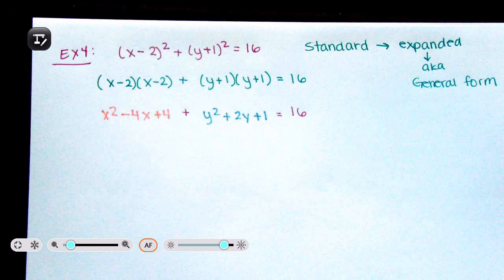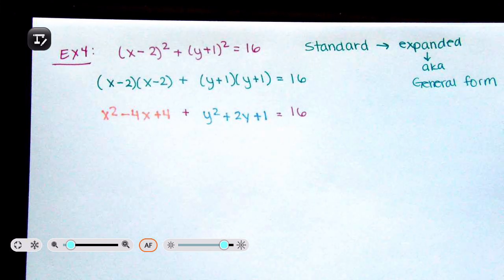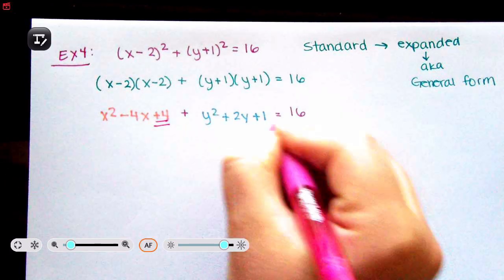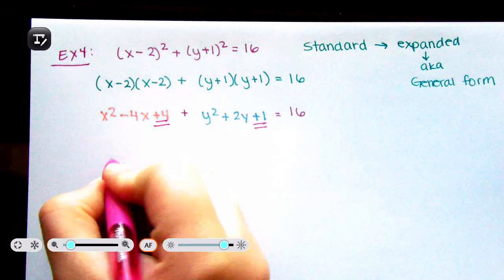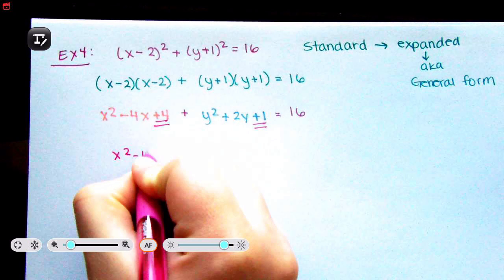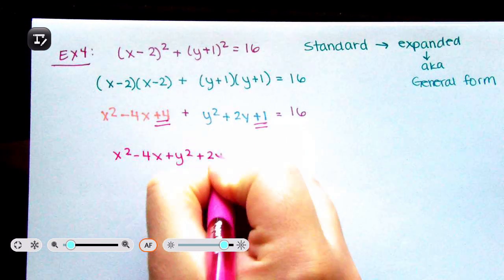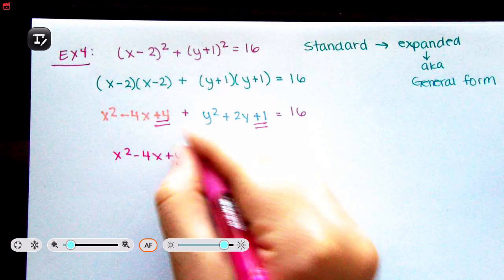16 stays the same. Now what we're going to do is combine all of the things together and set it equal to 0. So I'm going to combine like terms. The only like terms I have are my constants. So I have a plus 4 plus 1. So I have x squared minus 4x plus y squared plus 2y. And then what do I have? Plus 5.